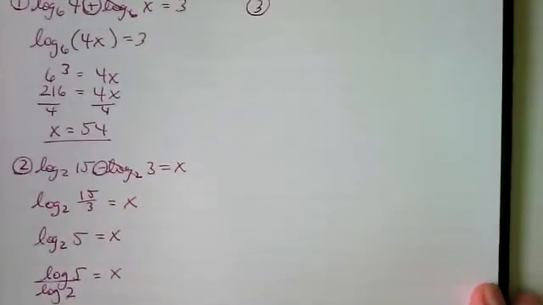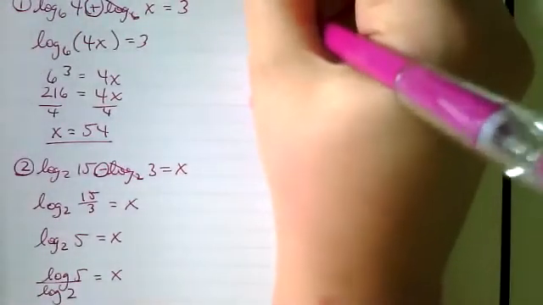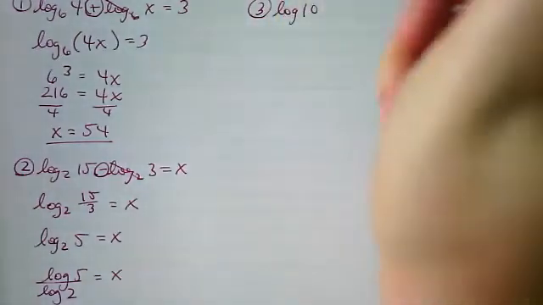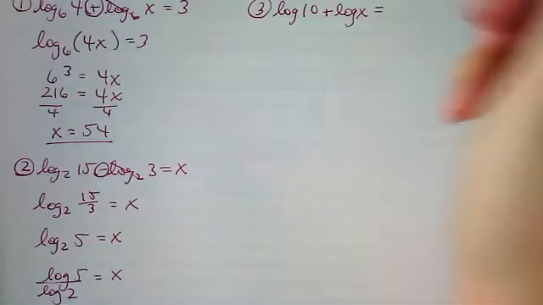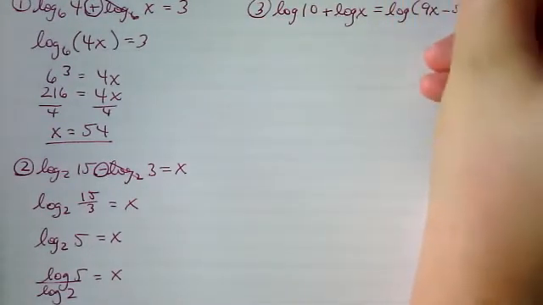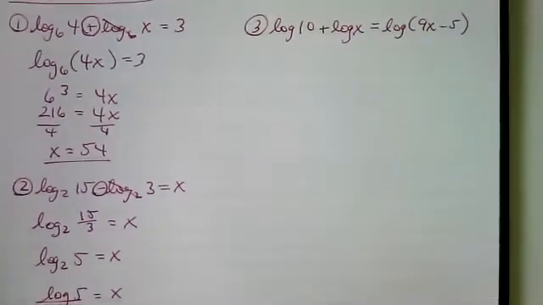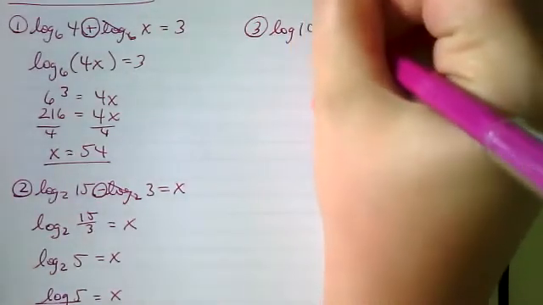And for question number 3, we have log of 10 plus log of x equals log of 9x minus 5. Okay, so again, combine. You only want one log per side. So addition into multiplication.